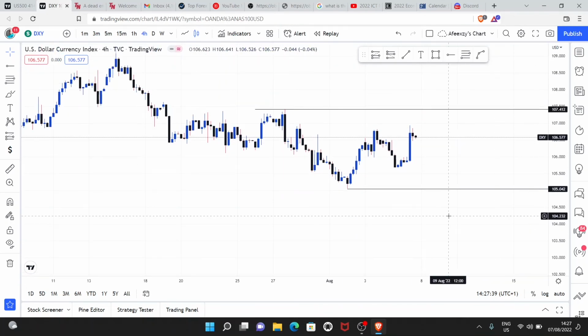On our 4-hour time frame, here is where I'll be looking at this zone here, which was already cleared. Then also this zone here. This is relative equal highs, so I'll be watching this zone very much.